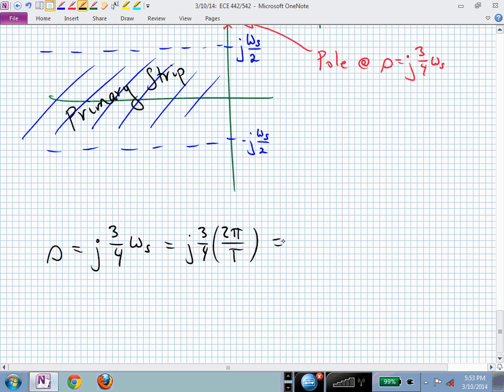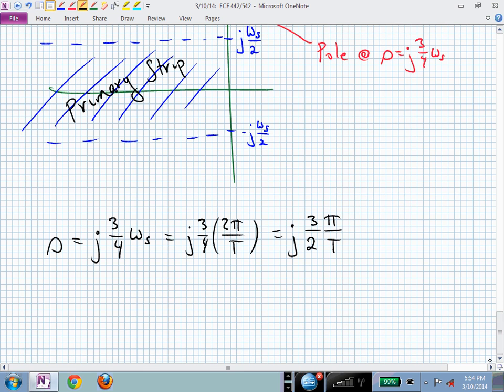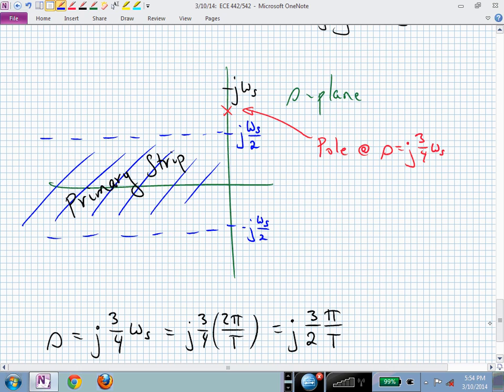And if we cancel a 2 in the numerator and the denominator, then we see that this 3/4 omega sub s we could think of as being at a value of s of j 3/2 pi over cap T. So that's our s value when we start with a pole, and we would have its twin down here, but let's just look at one of those poles.